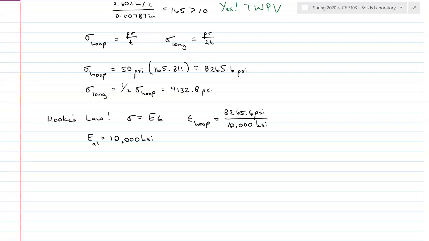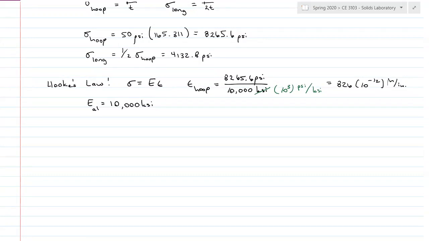Okay, so that's going to be 10 to the third psi per ksi, which is equal to 826 times 10 to the negative 12 inches per inch, right? Sorry, I'm checking my math.